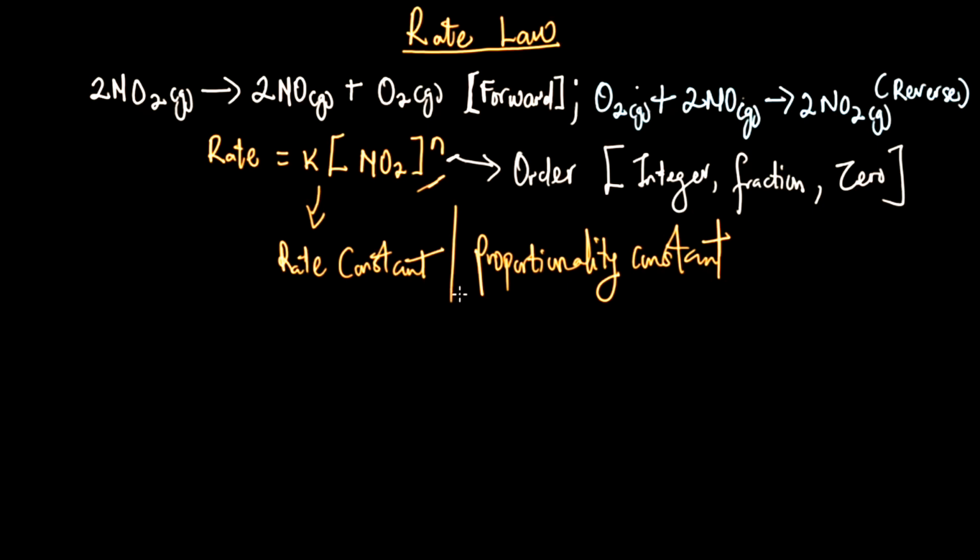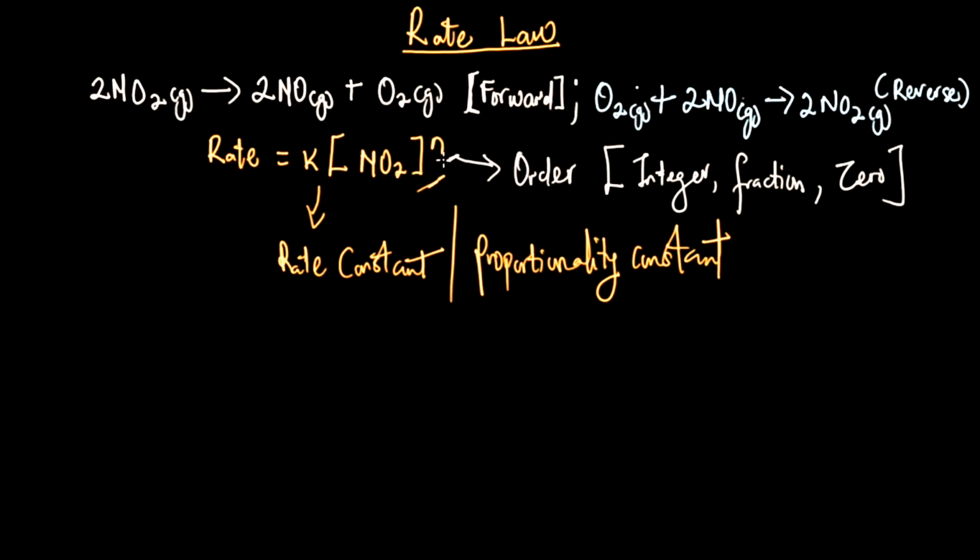It is important to note this: looking at this equation here, the concentrations of the products do not appear in the rate law, because the reaction is being studied under conditions where the reverse reaction does not contribute to the overall reaction. Another important note is that the value of the exponent here must be determined by experiment.